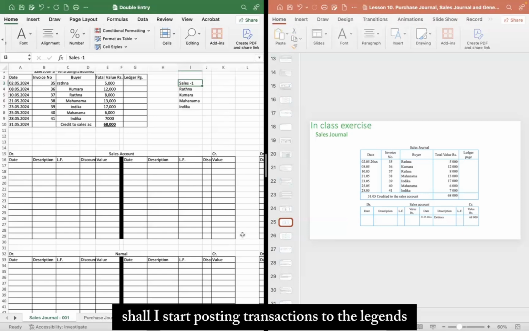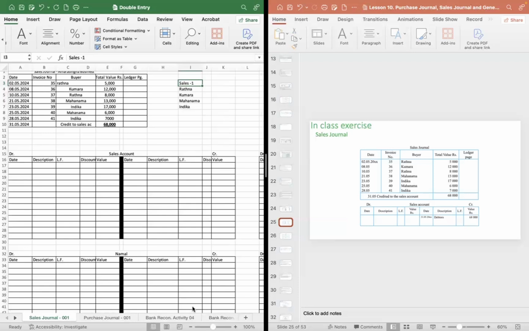Shall I start posting transactions to the ledgers? Okay, sir. Okay. So let's post these.